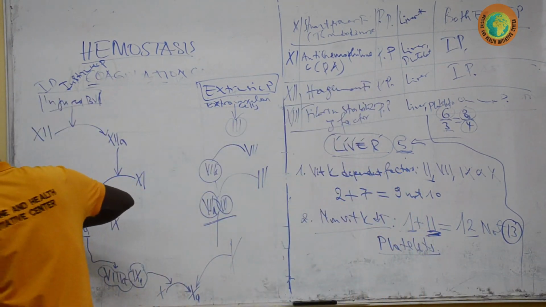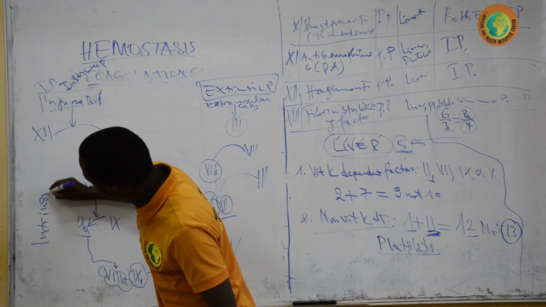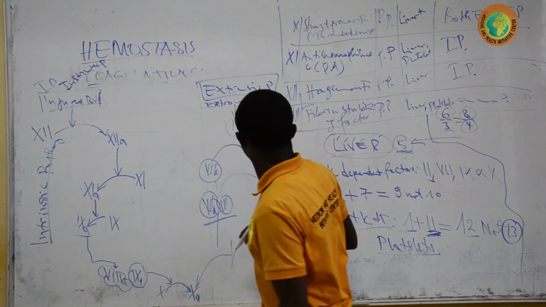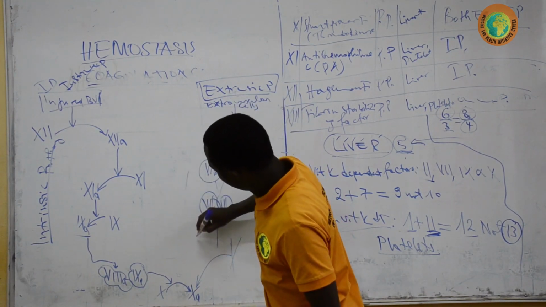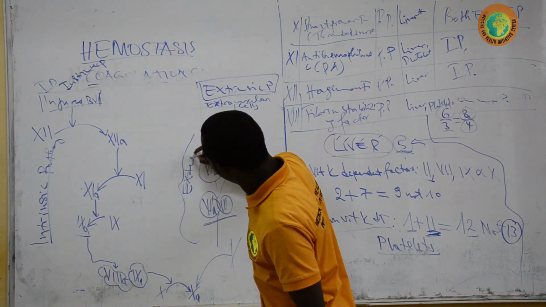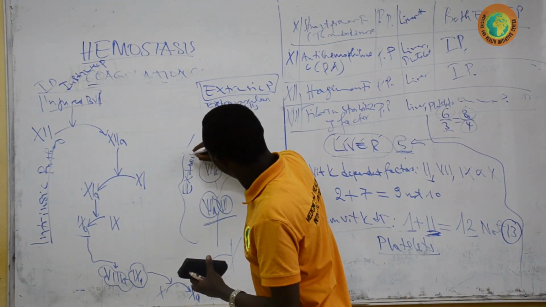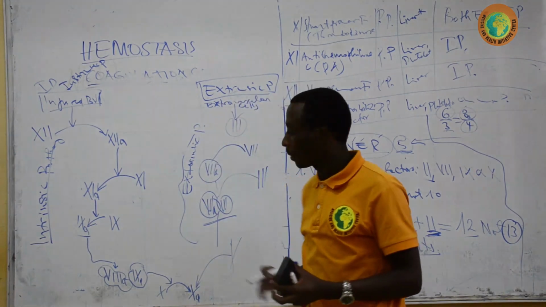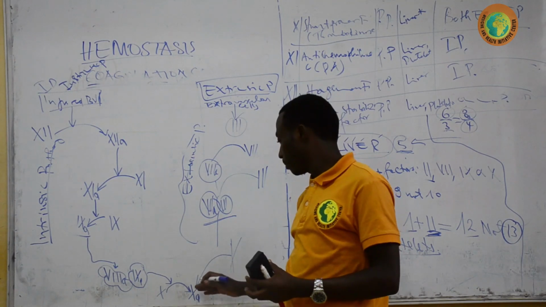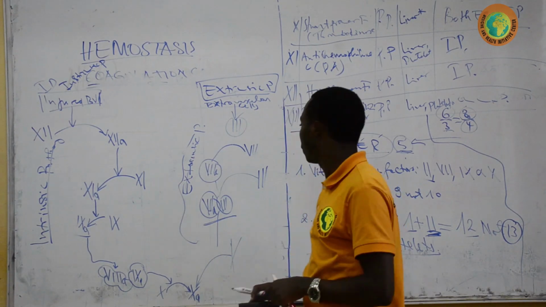This is the extrinsic pathway, and the two merge to form what we call the common pathway, which starts with activated factor 10.